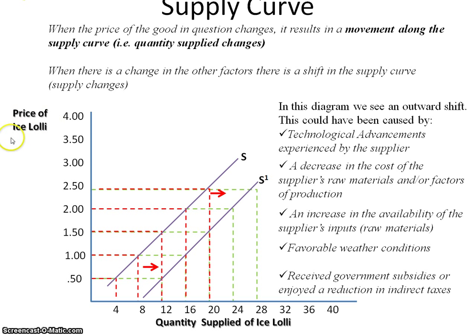In our diagram here for the price of lolly, with regards to the quantity supplied of the ice lolly, we realize that we are depicting an outward shift to the right of supply, which means that supply increased. Not the quantity supplied, but the overall supply of the product has increased due to some particular factor.